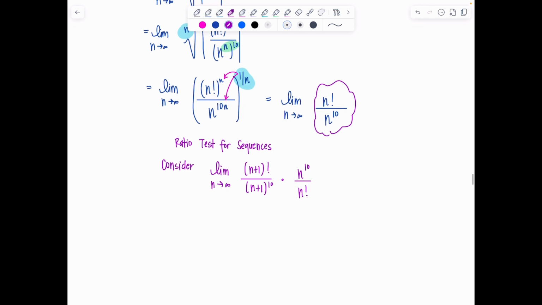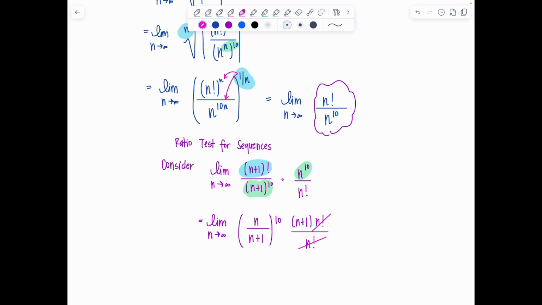And then again, once it starts getting repetitive, you're like, I'm in business. Bring on that final exam. These are both raised to the 10th. So I'm going to group them together to take this limit as n goes to infinity. This is n over n plus 1 to the 10th. And then I have n plus 1 factorial. Let me break that down. That's n plus 1 times n factorial over n factorial down here. Okay, so these are gone.